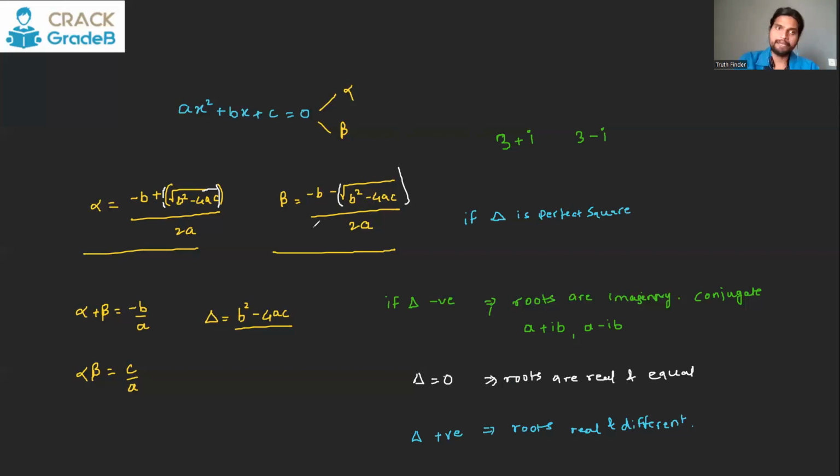So if you bring out the part of the root, it is not a surd now. That makes it a rational number. So the roots will be rational. So when delta is a perfect square, then the roots are rational. We can state that.